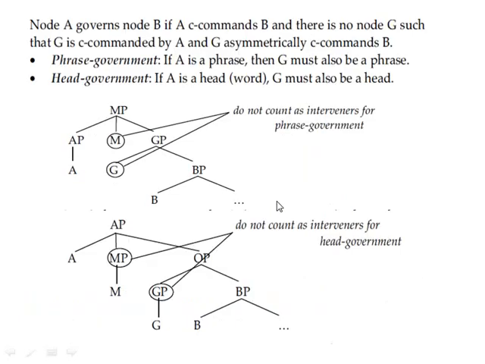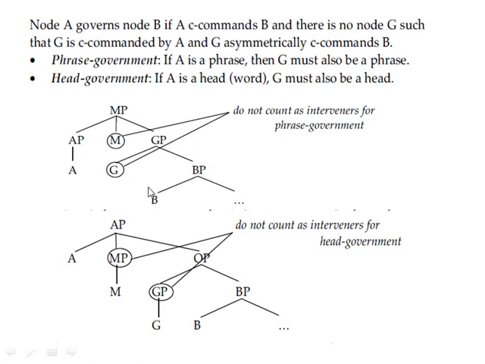Nah, government itu ada dua juga, ada phrase government, ada head government. So like this one, kita lihat di sini AP itu masih bisa governs B. Kita membahas AP ini adalah phrase ya. Kemudian kita menghubungkan antara AP governs B here. Apakah bisa?